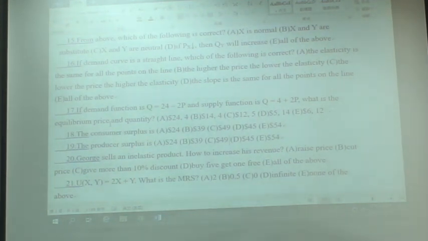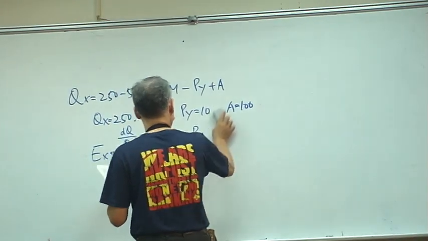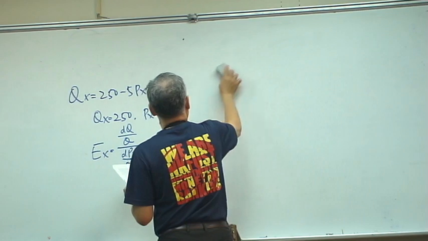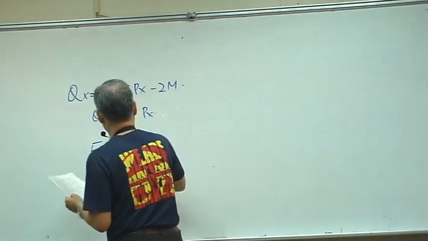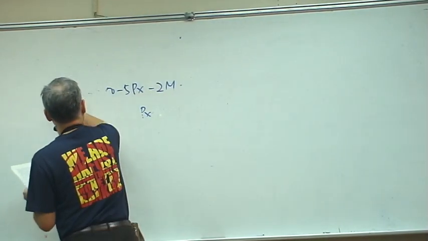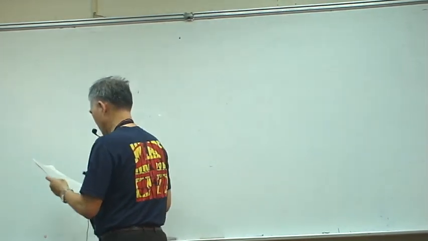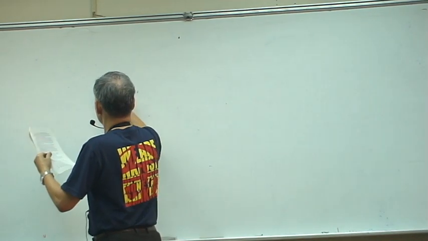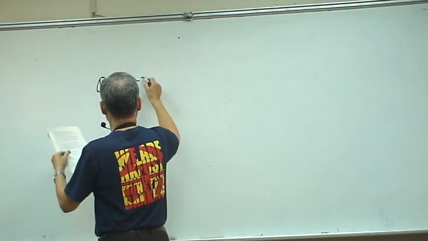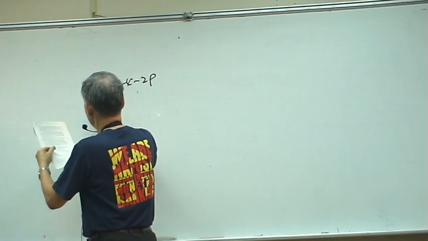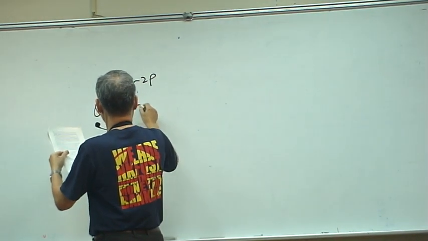And question 17, it should be easy, right? Anyway, let me show you. You have Q equal to 24 minus 2P, and then Q equal to 4 plus 2P.